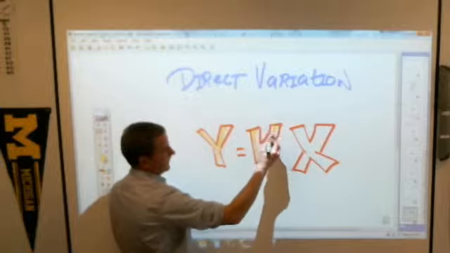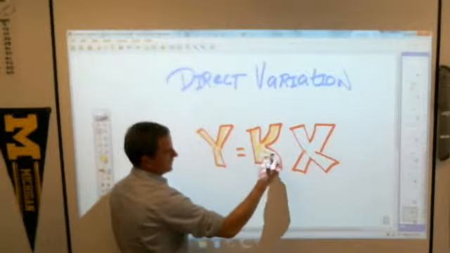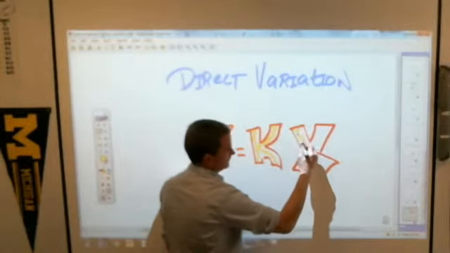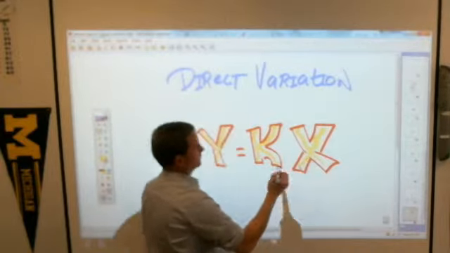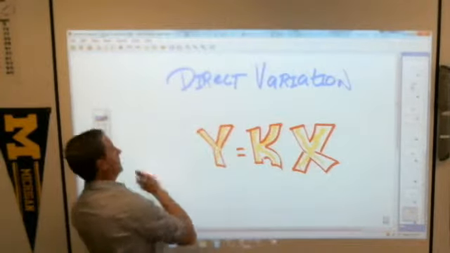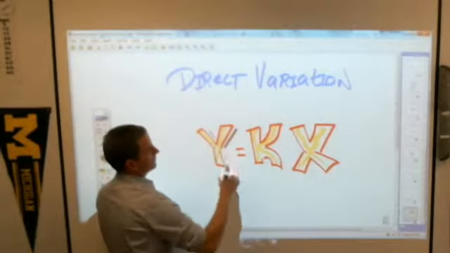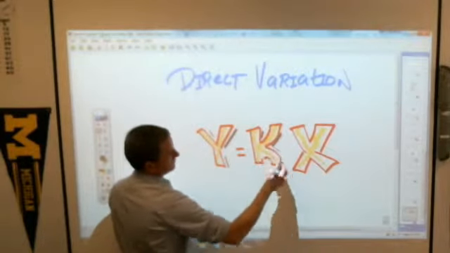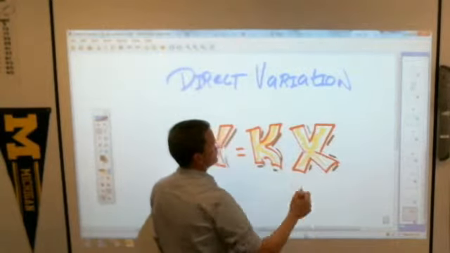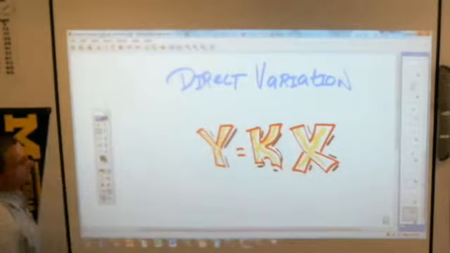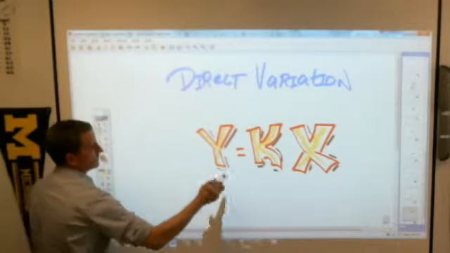These letters mean absolutely nothing to you, do they not? Do we have that? Y equals K times X. I missed this one, didn't I?